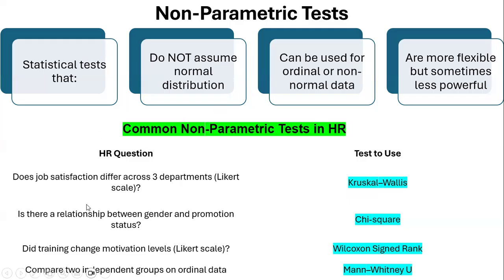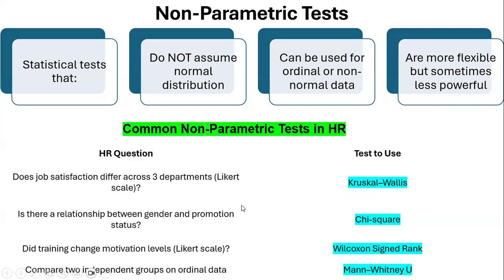And so the same questions that we normally use a specific parametric test to address can equally be tackled with non-parametric tests, except that here the scale of measurement will no longer be a ratio or an interval scale, but an ordinal scale, which people normally characterize as a Likert scale.